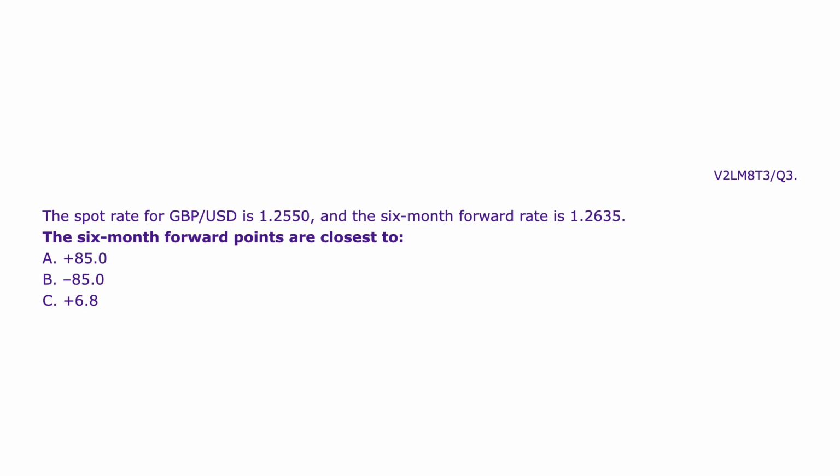The spot rate for GBP/USD is 1.2550, and the 6-month forward rate is 1.2635. The 6-month forward points are closest to: A, plus 85.0; B, negative 0.0068; C, 0.0068.